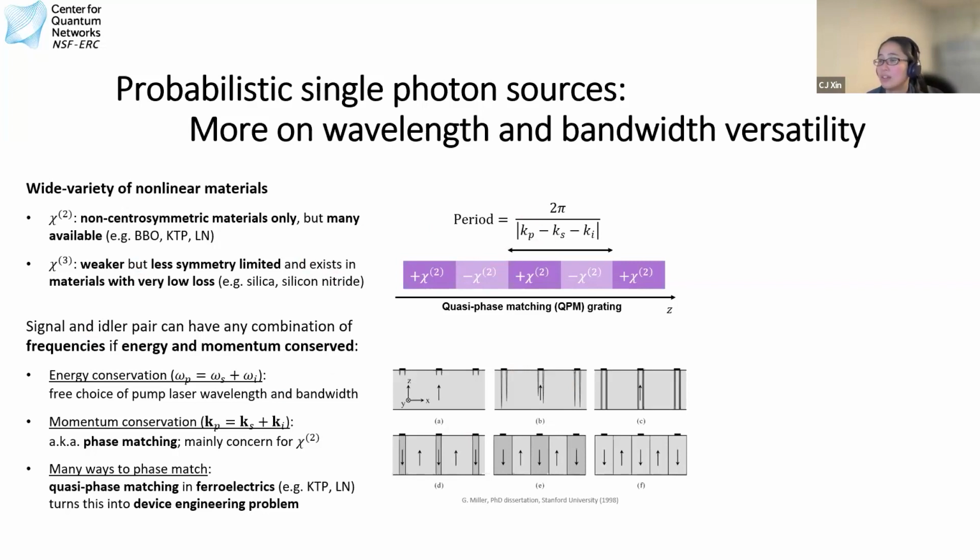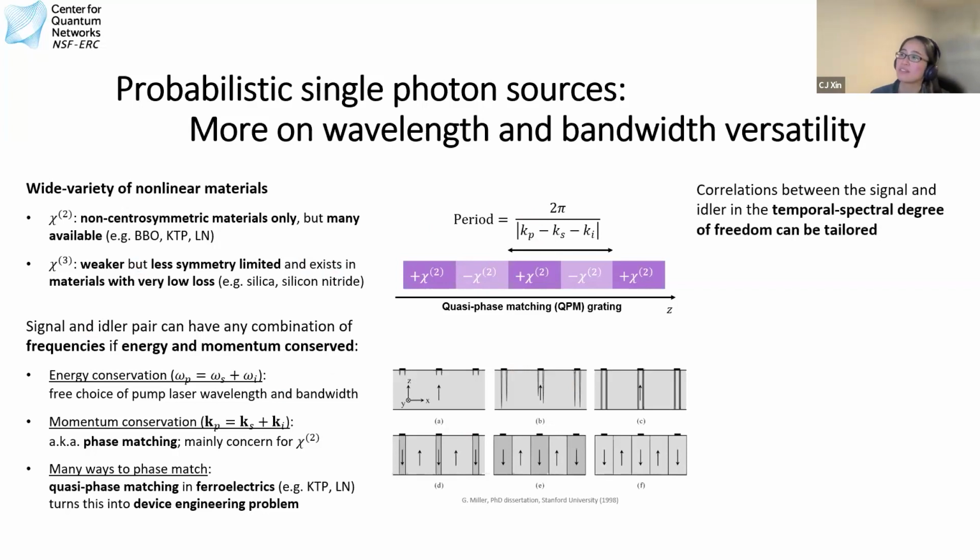And then there's a deeper level to it, which is you can actually also engineer the bandwidth of the photons. And not only can you engineer the bandwidth of the photons, you can actually engineer the correlations between the two photons in the temporal-spectral degree of freedom, right?